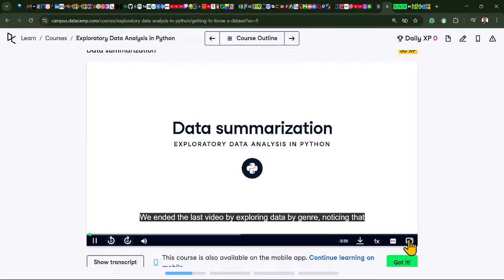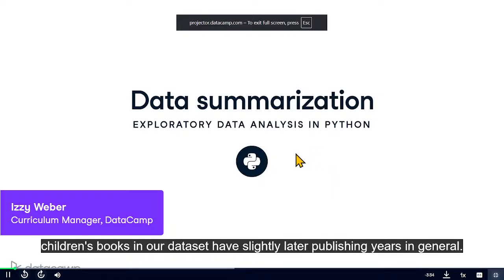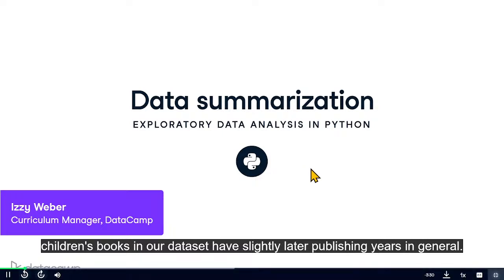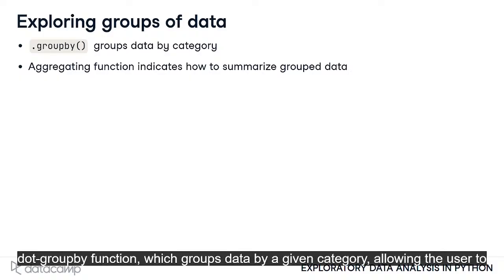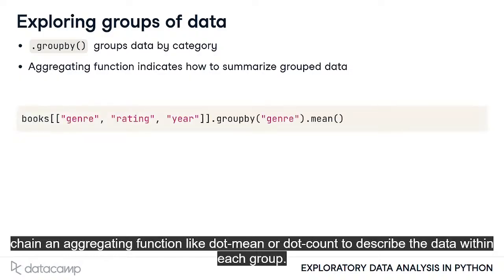We ended the last video by exploring data by genre, noticing that children's books in our dataset have slightly later publishing years in general. We can explore the characteristics of subsets of data further with the help of the .groupby function, which groups data by a given category, allowing the user to chain an aggregating function like .mean or .count to describe the data within each group.